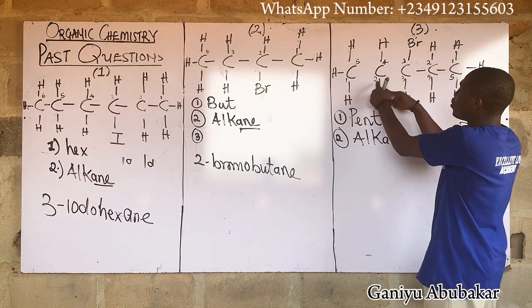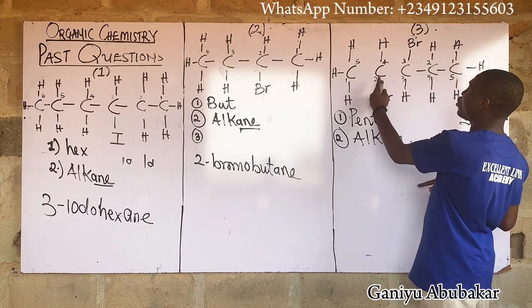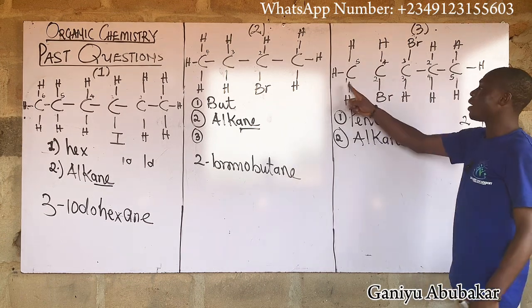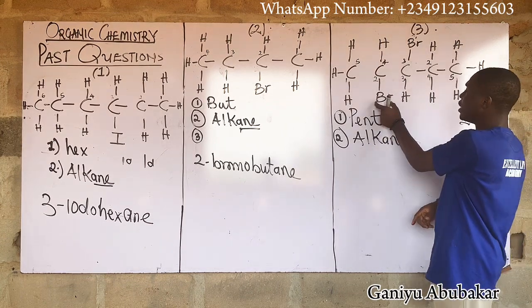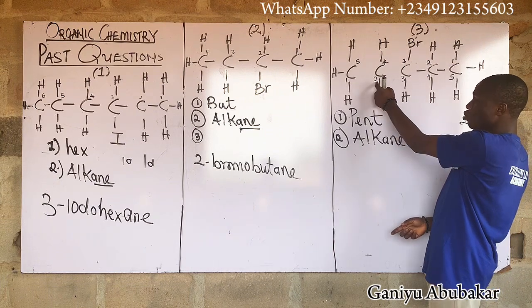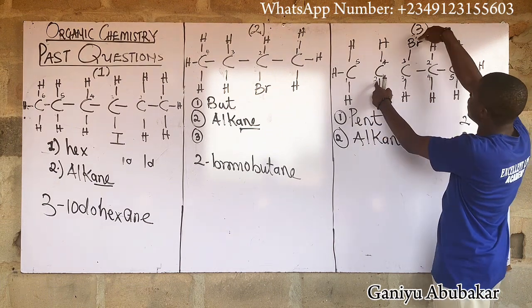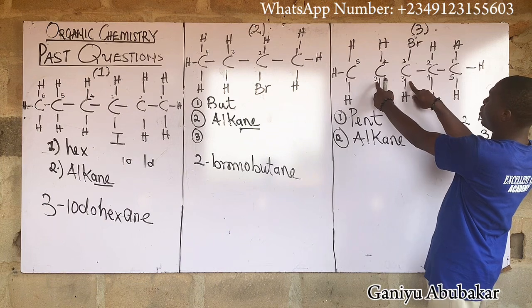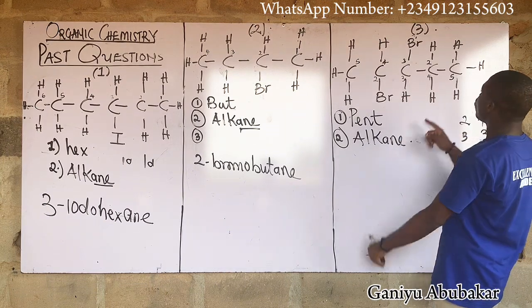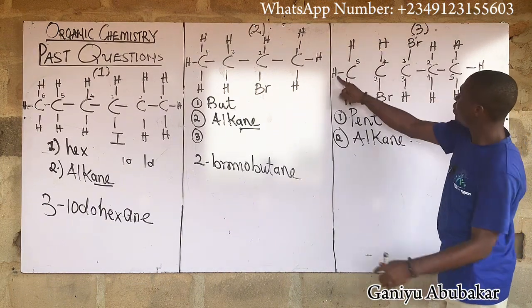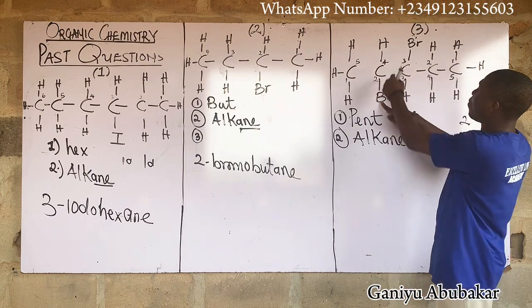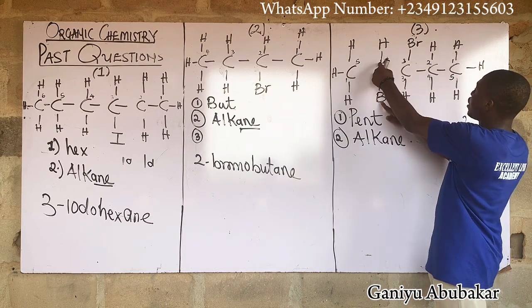Using my upper numbering, this bromine here is attached to carbon 2, and this bromine here is attached to carbon 3. Also, using my lower numbering, this bromine here is attached to carbon 4, and this bromine is attached to carbon 3.